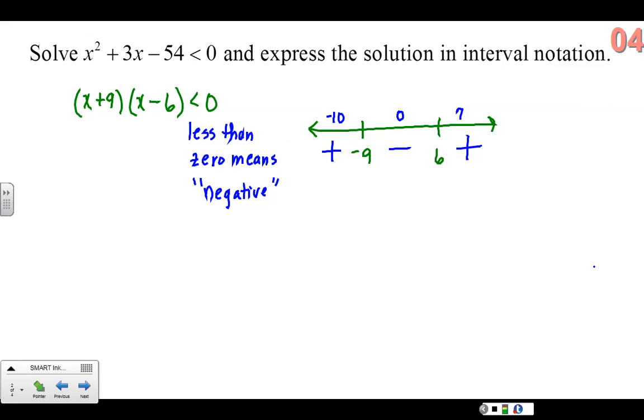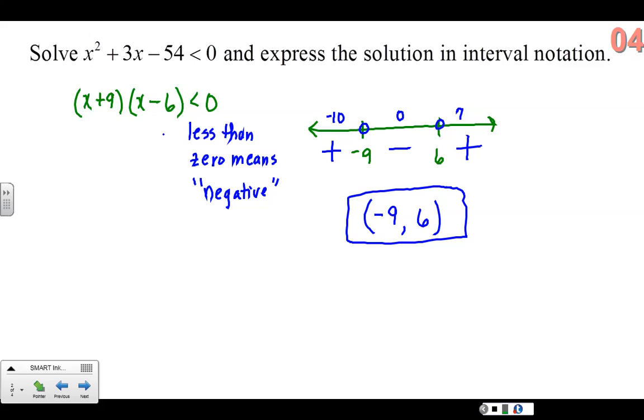But in this case, these are not included endpoints. So we use parentheses. So our interval solution is from negative 9 to positive 6. So that's in parentheses. A comma separates the endpoints of the interval from negative 9 to positive 6. Any number in between these two numbers would make this a true statement.